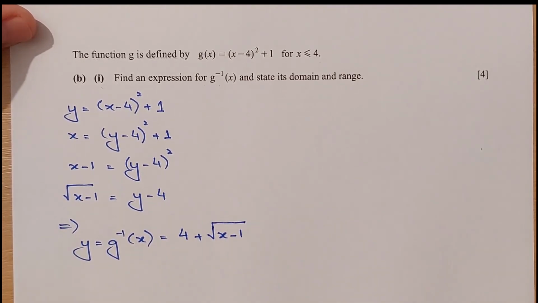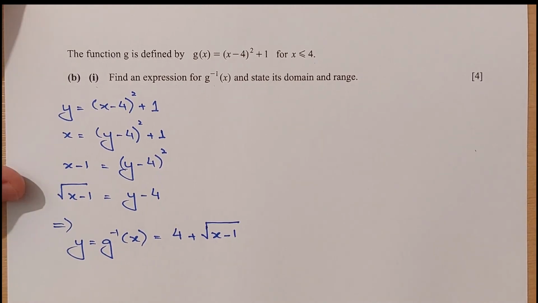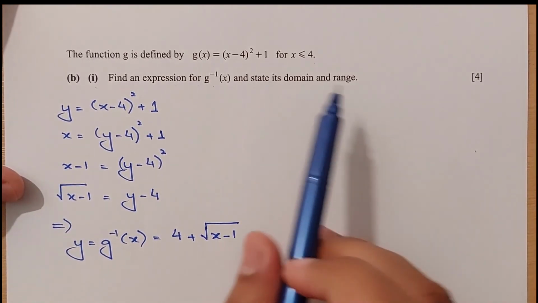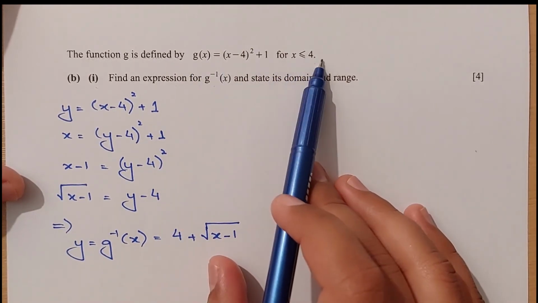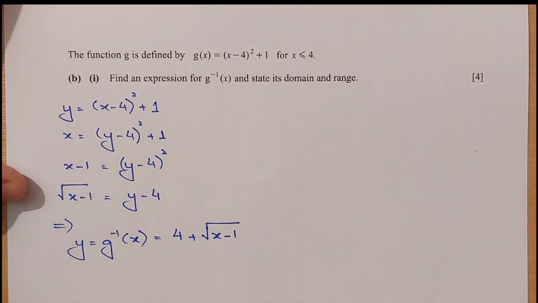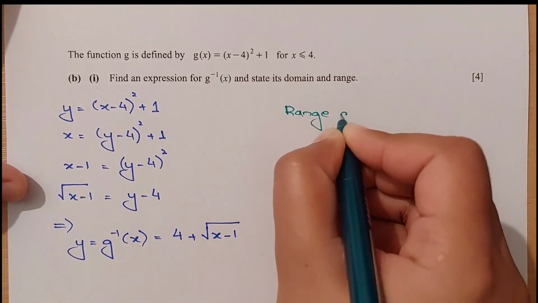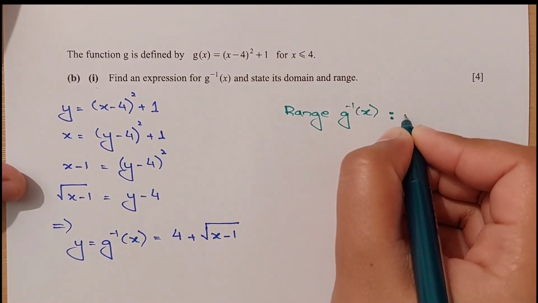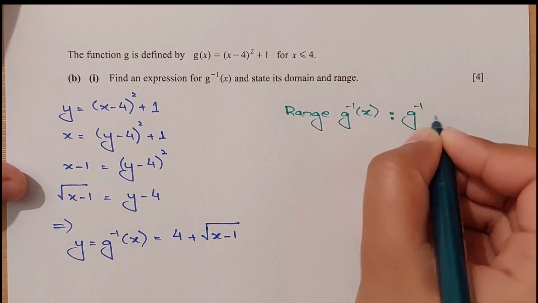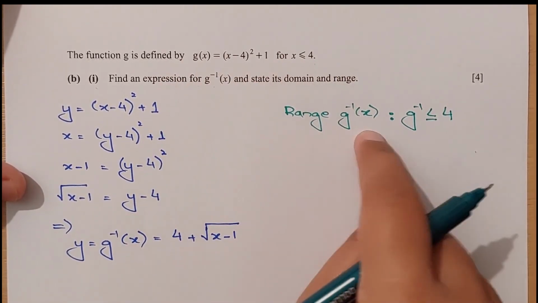So this is the function g inverse of x, and we have to state the domain and the range for this function. As given, for the function g of x, the domain is x greater than or equal to 4. The range of g inverse is g inverse of x greater than or equal to 4. The domain of g is the range of g inverse.